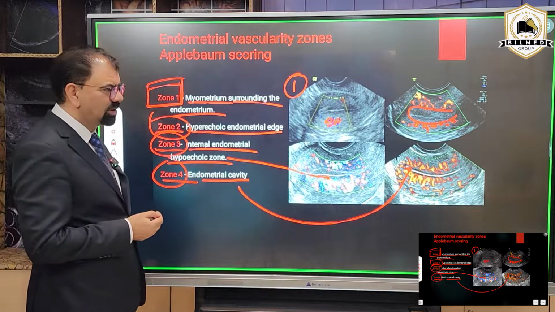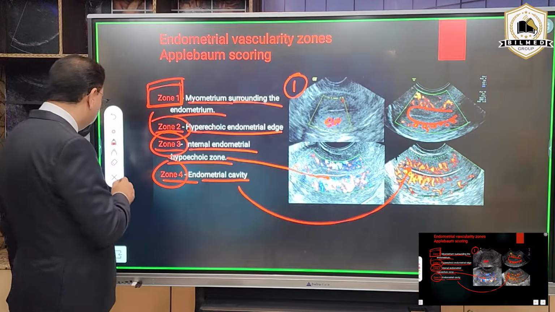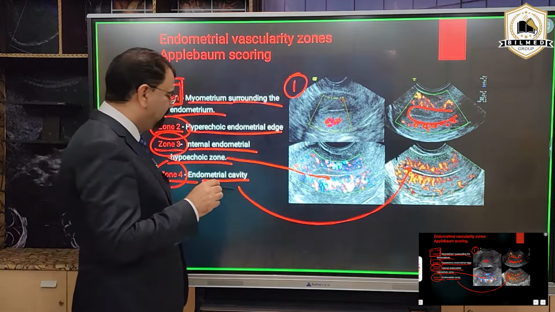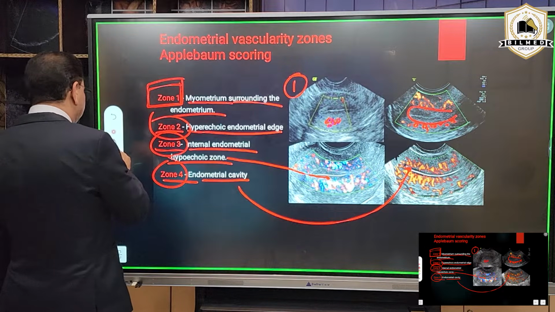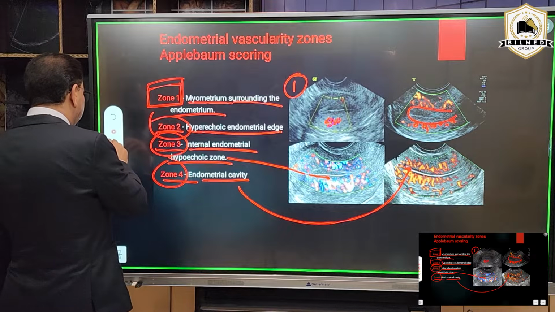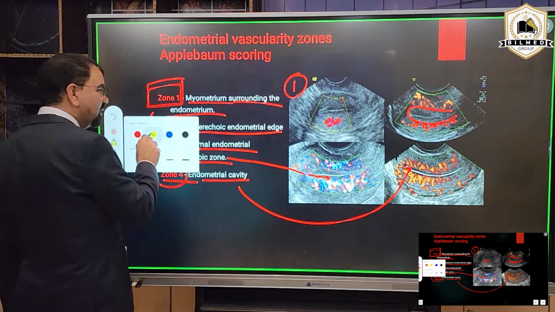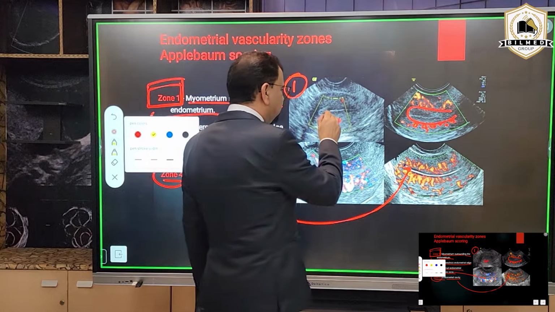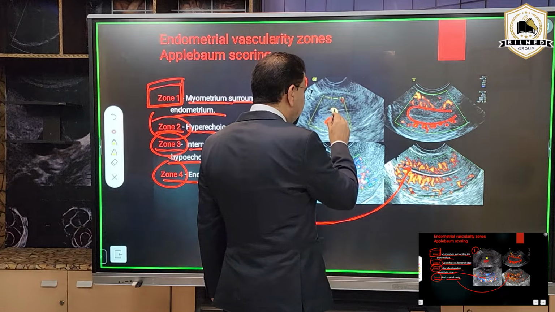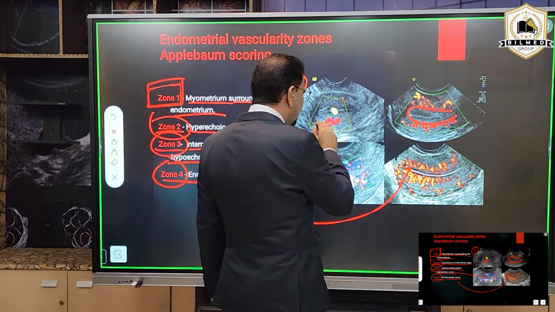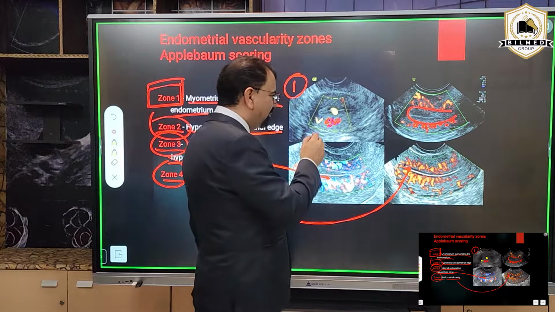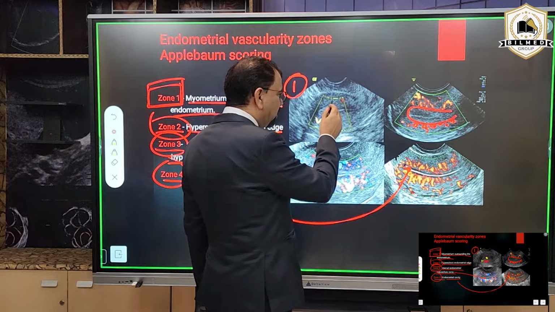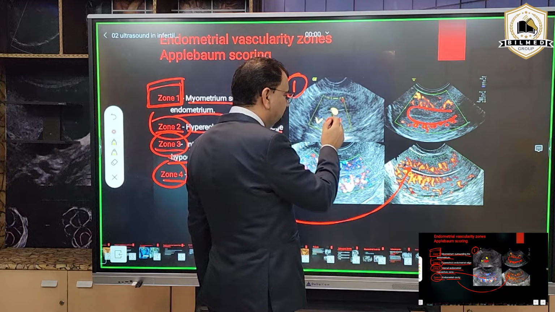Why are we discussing all this? Because if a blastocyst, a fertilized ova, drops in this endometrium where I am having vasculature over here, try to understand, will this be able to make a connection? No. They are far away.